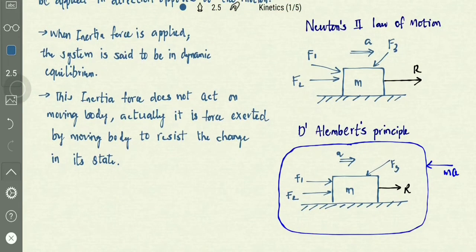by Newton's second law of motion, if a number of forces are acting on a body, there will be a resultant R. If F1, F2, F3 are acting on this body, the resultant of all these forces will be R. This resultant force R makes the body of mass m move with acceleration a.